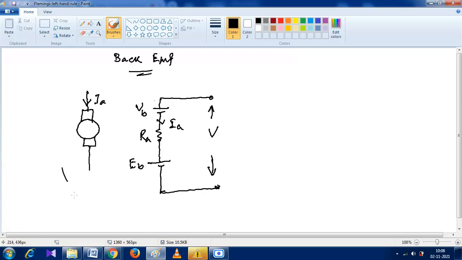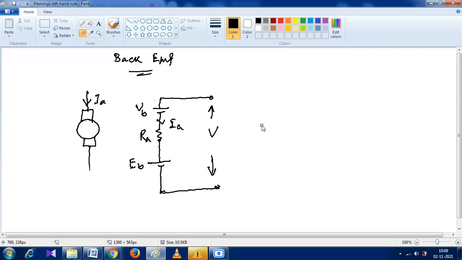Now tell me the equation which we get from applying Kirchhoff's voltage law, KVL.